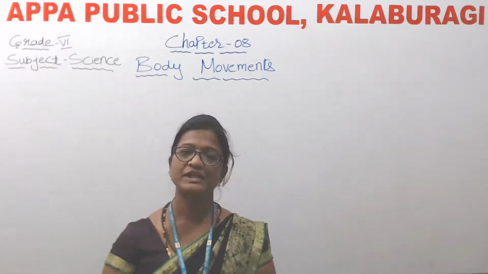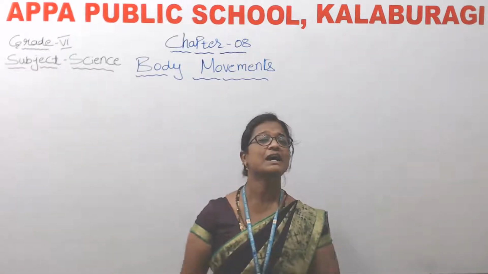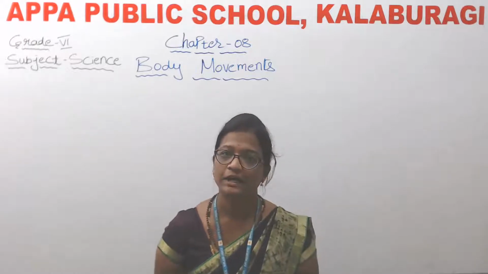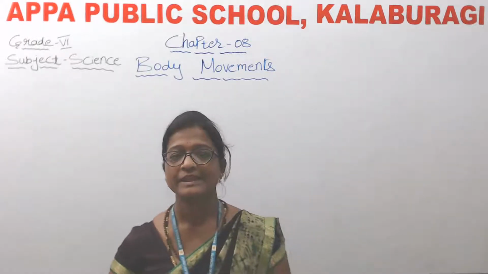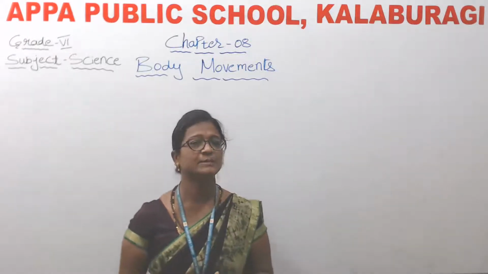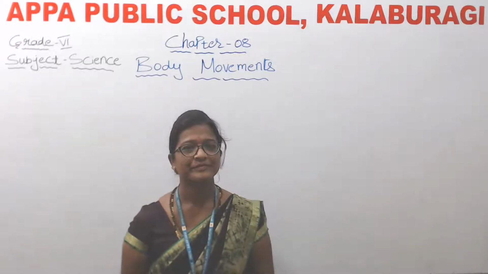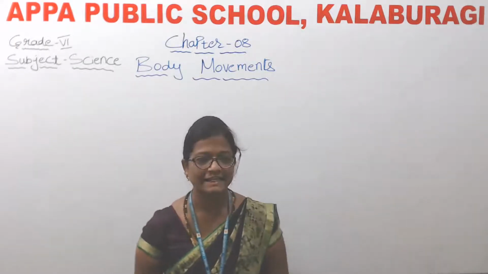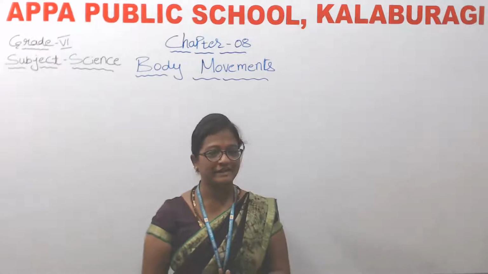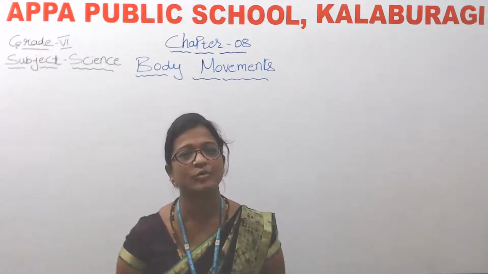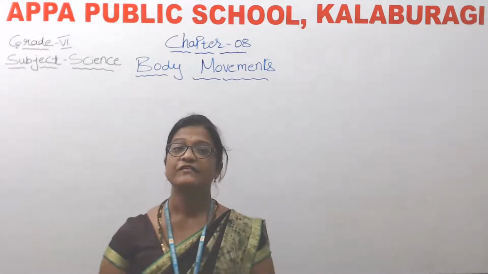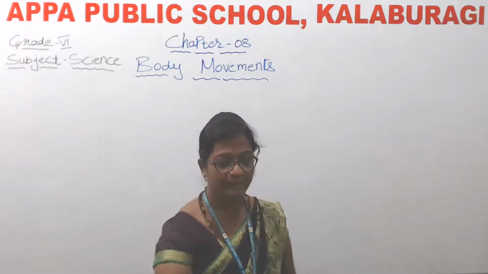Now tell me, are the joints present in our body all the same? Exactly, they are different, isn't it? And we have also discussed the different types of joints present in our body.